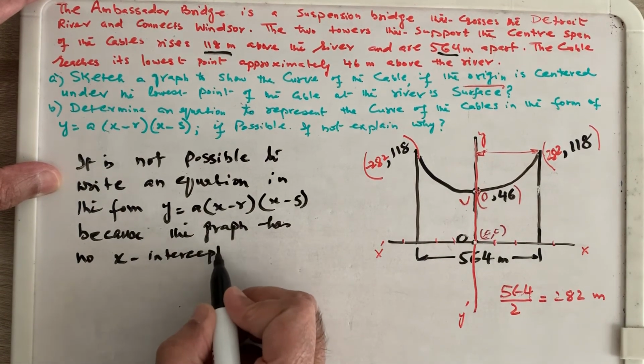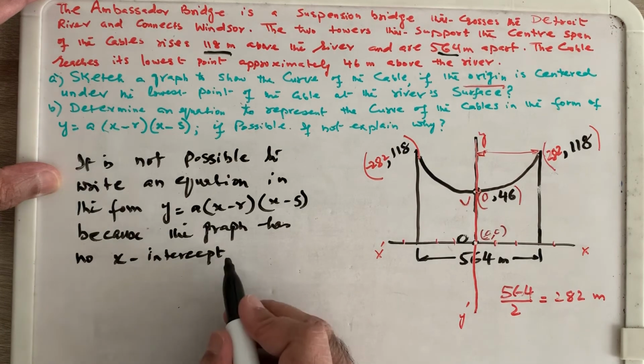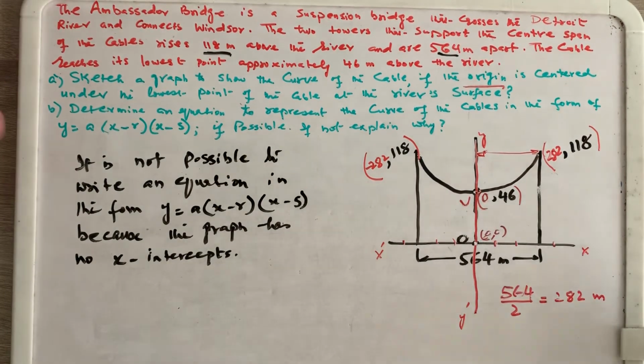You can only write this equation when you have the x-intercepts known, right? The graph is not cutting the x-axis, therefore you cannot write an equation in intercepts form, or this factored form.